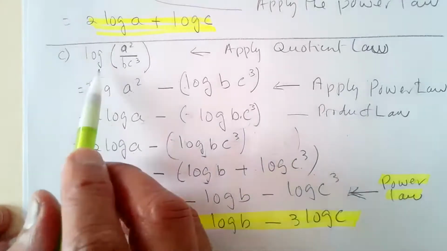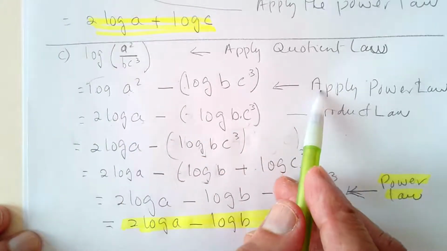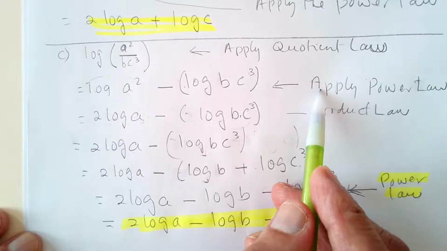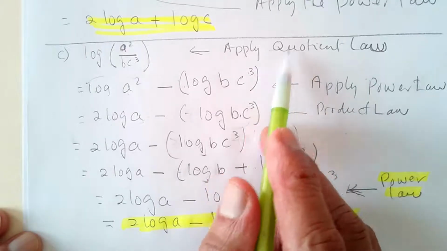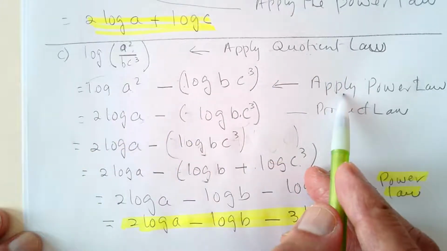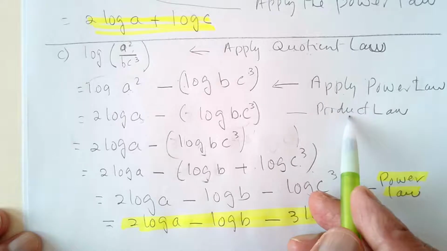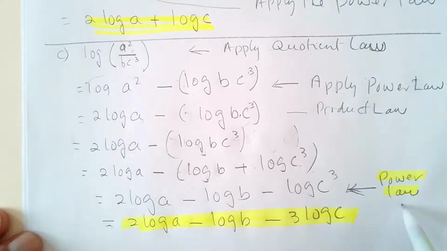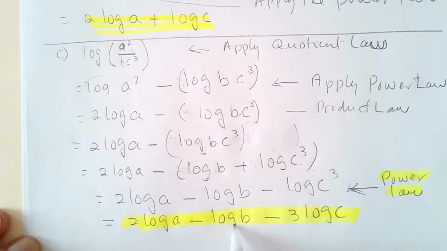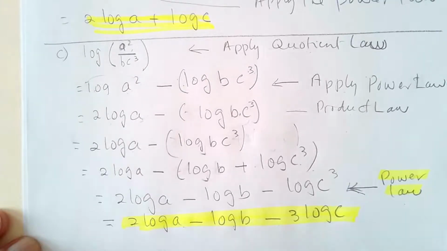We apply the quotient law first, and then we apply our product law, then the power law. Final answer is 2 log A minus log B minus 3 log C.